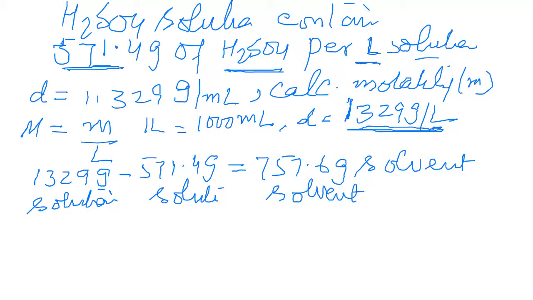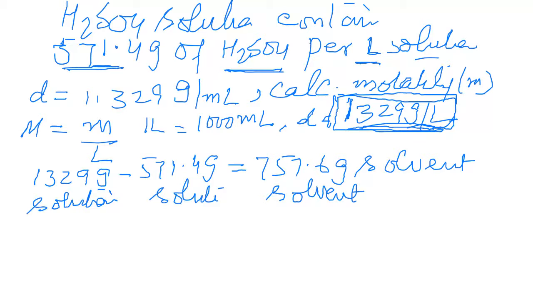Is it clear point? Yes. Clear. First, for molality, we have to look for solvent. Solution is already given, and solution is based on density. Remember that. Total solution means density. And from the mass of this solution, subtract 571.4, you will get solvent.